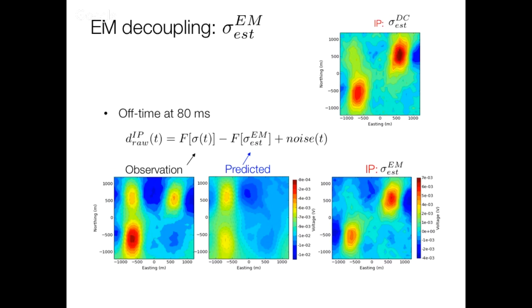With the DC conductivity, there was still some smearing of stuff up here, so this has done a pretty good job. That's also because you use the early time response, which would probably reflect the conductivity at infinite frequency. Is that correct? Yeah, exactly.